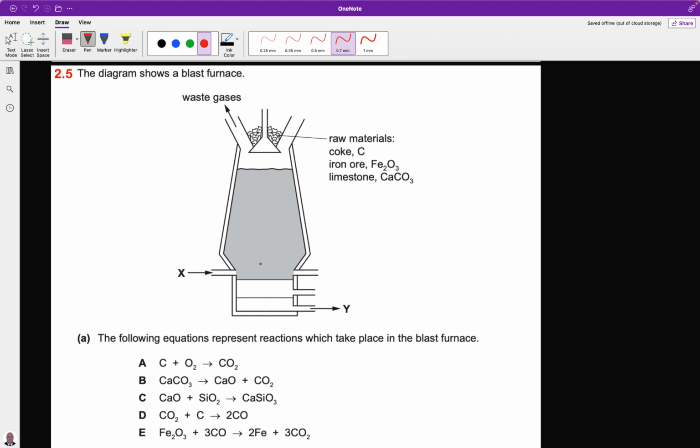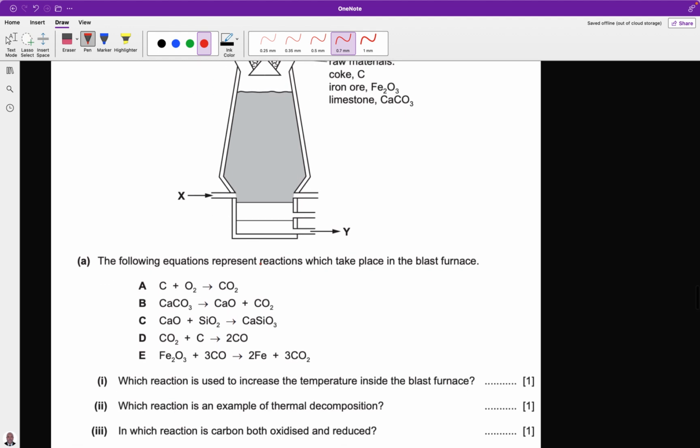released during the process. The following equations represent reactions which take place in the blast furnace: A, B, C, D, and E. A is carbon plus oxygen to form carbon dioxide. B is calcium carbonate to give calcium oxide plus carbon dioxide.